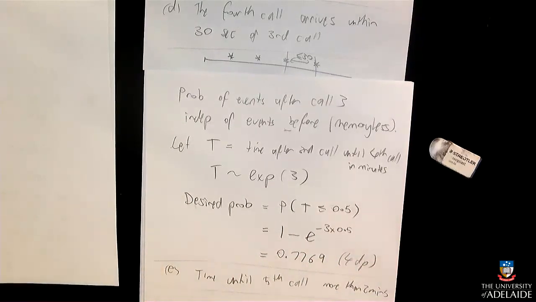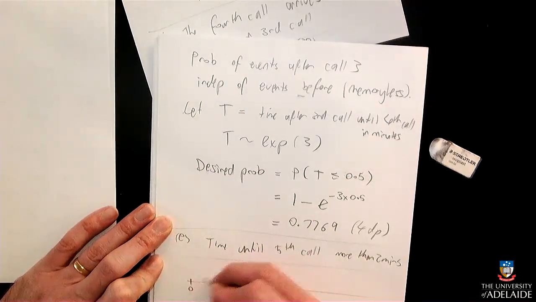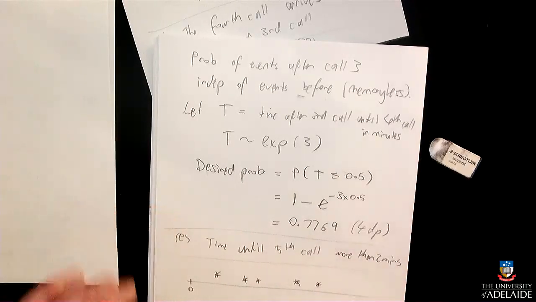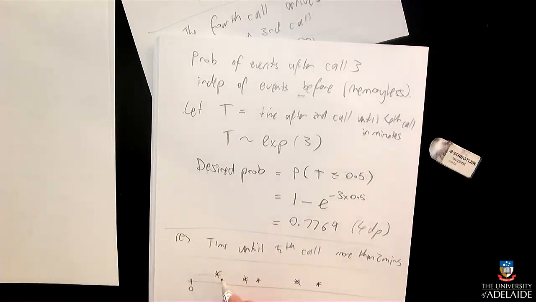Time until the 5th call is greater than 2 minutes. Okay. So we could try and model the space between each of them and add them up, and that would be like some sort of fabulous Erlang distribution.